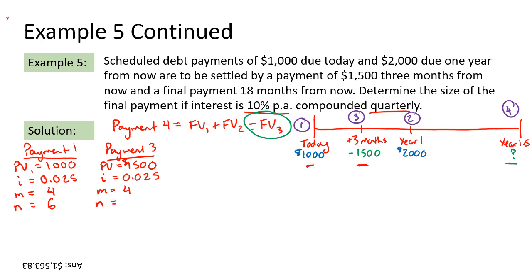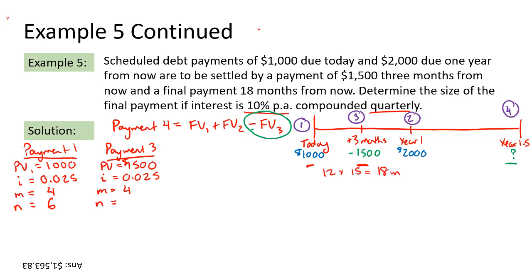And our number of compounding periods for this one, all right? If you look at this question, it's 3 months from today, and it's 1.5 years. Okay, the final date is 1.5 years. So what this means is 1.5 years from today, there's 12 months in a year, multiplied by 1.5 years.